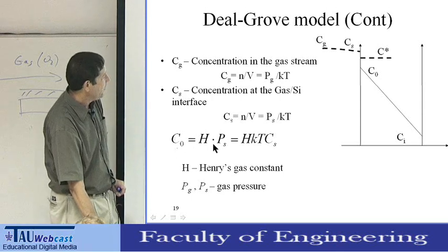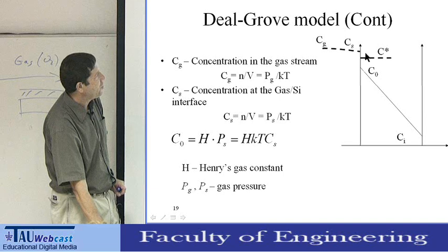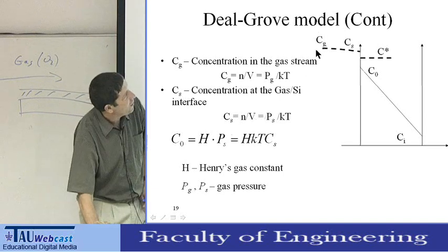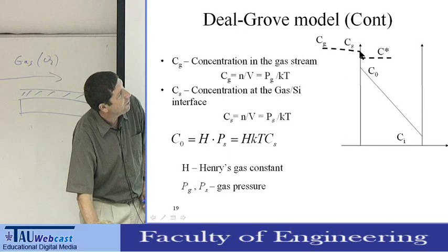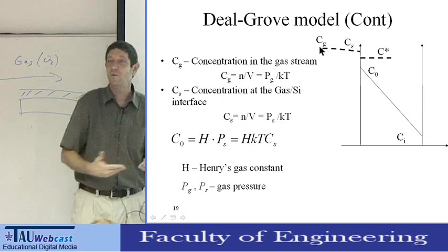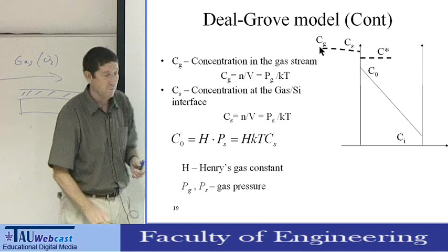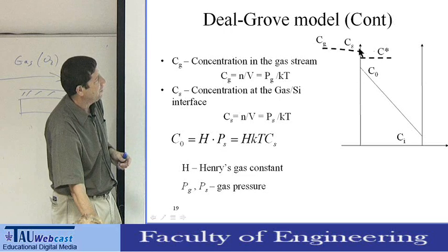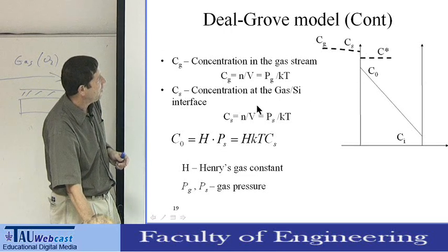Now, according to Henry's law, because we have a flux of atoms here, the pressure next to the surface should be slightly less than the pressure in the gas, because we have a gradient in concentration, and some atoms are being consumed by the reaction.